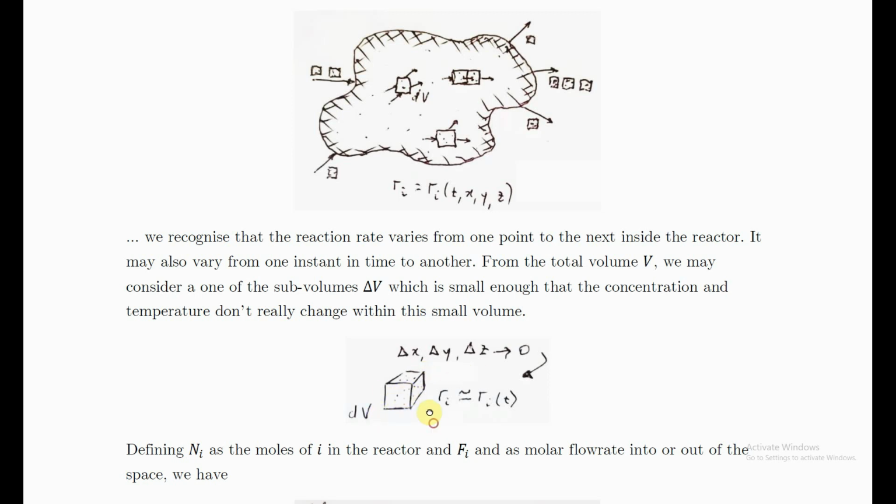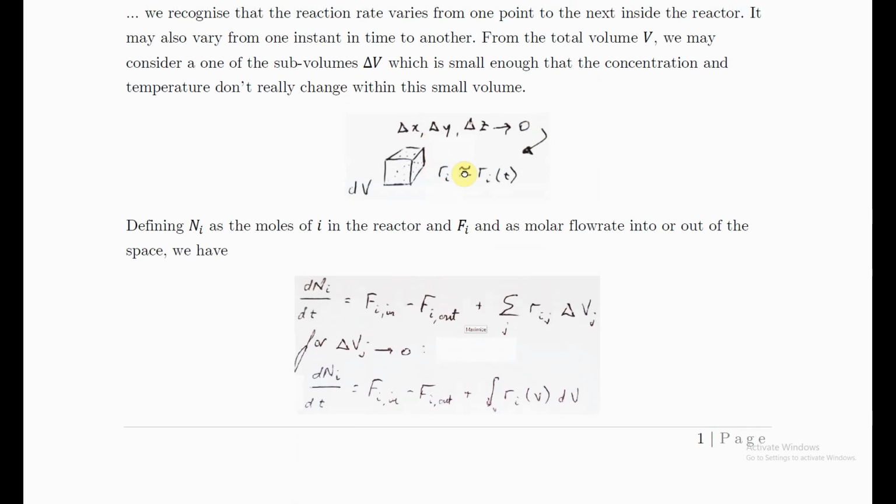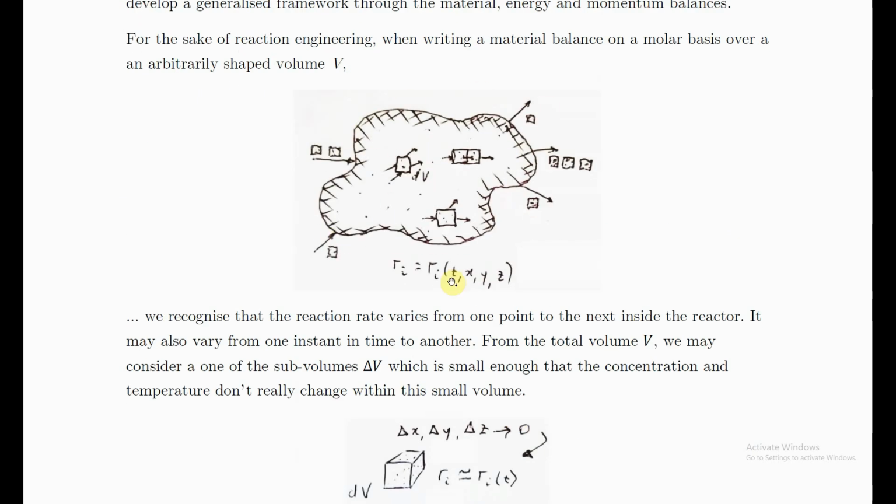So that's our subvolume. And now we can think about writing a balance on the subvolume. So we can say that, fine, all this complexity is happening in this overall reactor, but by the end of the day, there's a certain total amount of flow into the space, and we can just add up all these streams.